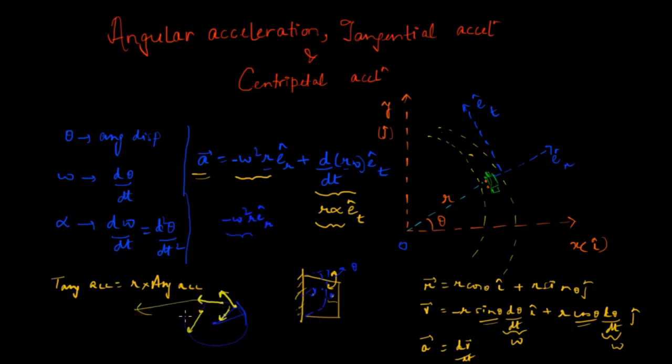It wouldn't have moved in a circular path, but because it was compelled to move in a circular path, it was under the influence of some acceleration, and that acceleration was in this direction towards the center. So the net result of that acceleration is that the object changes its course. It doesn't go like this, it comes like this, right? The point is that when an object moves in a circular path, even at a uniform angular velocity, right, even if there is no angular acceleration, still the object will have a centripetal acceleration.